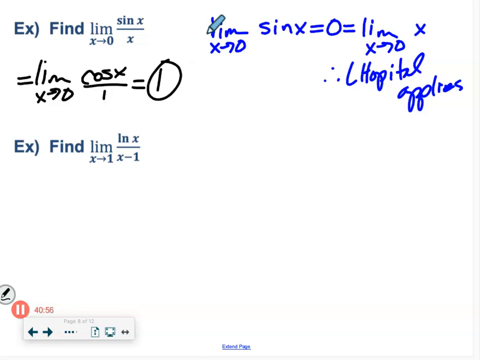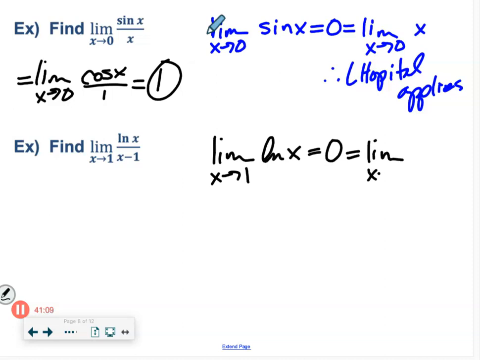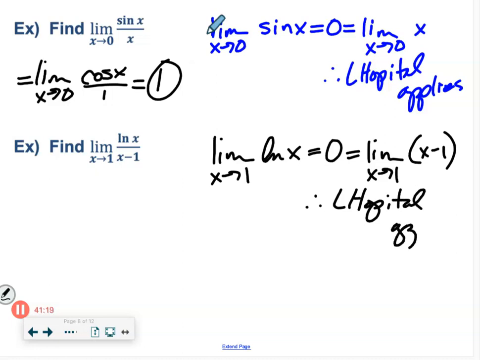Next one, we talked about this a few minutes ago. We justify: we already have ascertained that the natural log of 1 is 0, and the limit as x approaches 1 of x minus 1 is also 0. Therefore, L'Hopital applies.